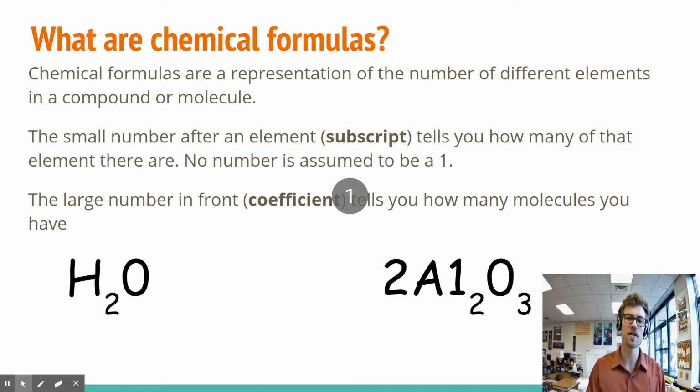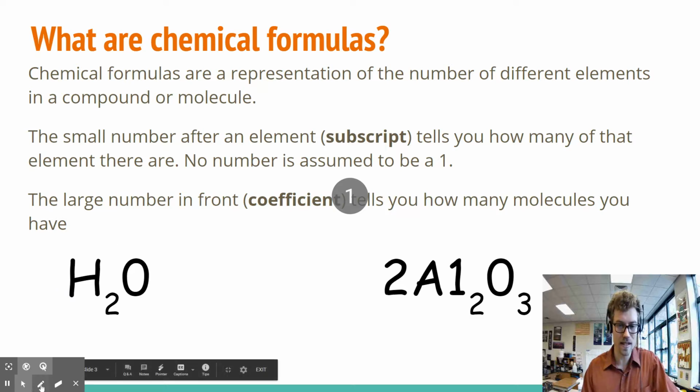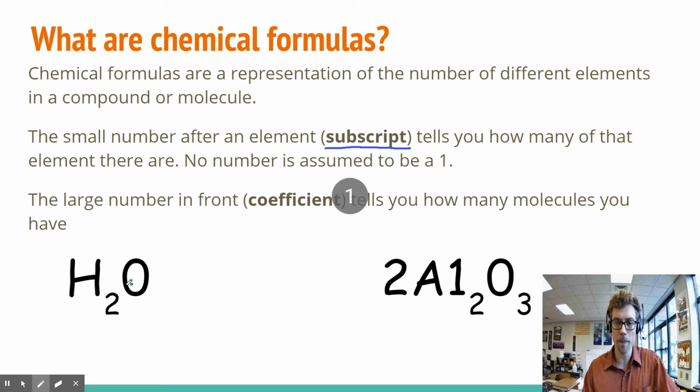Chemical formulas are a representation of the number of different elements in a compound or molecule. There are two main things that we need to take a look at. The first are the subscripts. Subscripts are the small numbers that come after the element name.